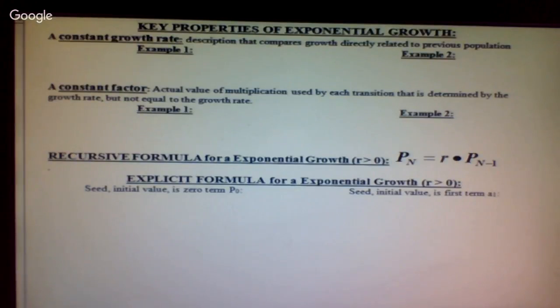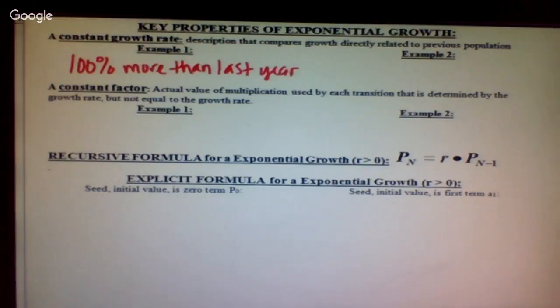So a constant growth rate would look something like this: 100% more than last year. Okay? This is a description that tells you what's happening. It's not actually the number that you're going to multiply by. The number you're going to multiply by is your constant factor.